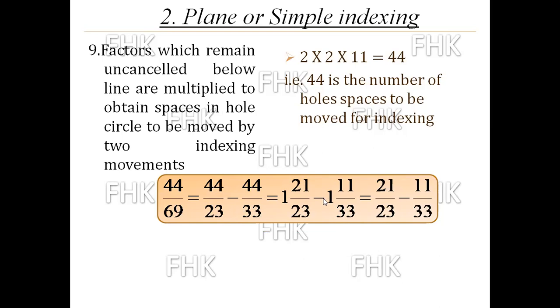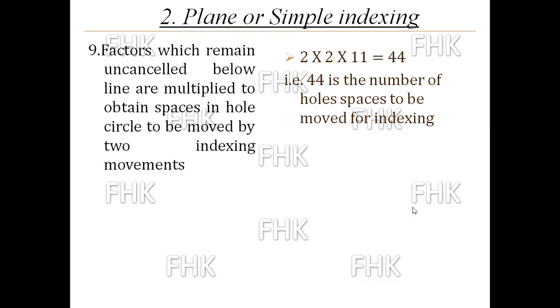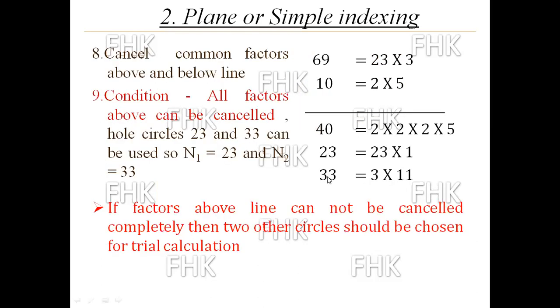So you will again come to the original position. This will nullify each other. 1 minus 1 is 0. So forget about this. Only consider 21 divided by 23 minus 11 divided by 33. Clear? For 23 and 33, you are taking the minus sign here.